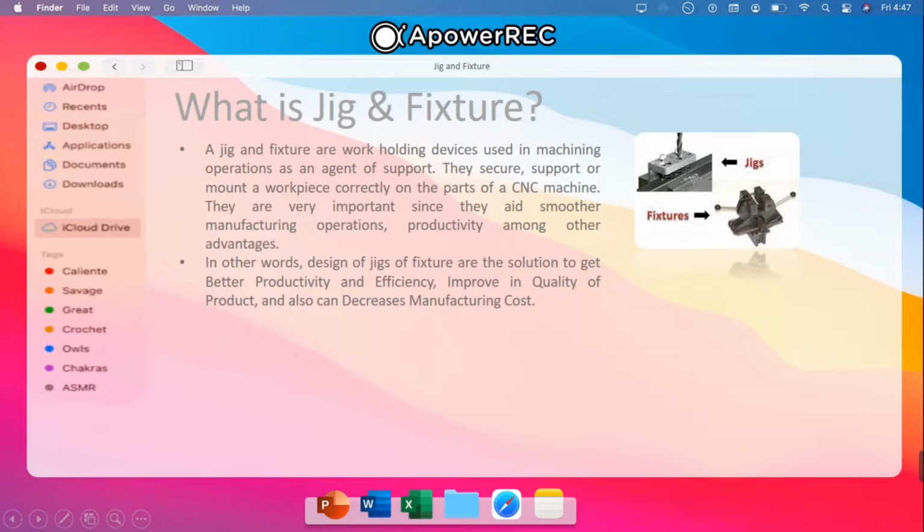They are very important since they aid smoother manufacturing operation, productivity, among other advantages. In other words, the design of jigs and fixtures is the solution to get better productivity and efficiency, improve the quality of the product, and also decrease manufacturing costs.